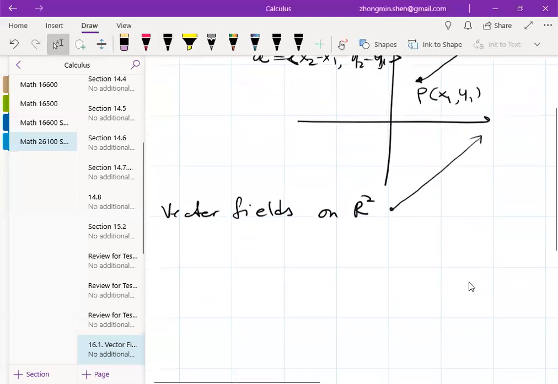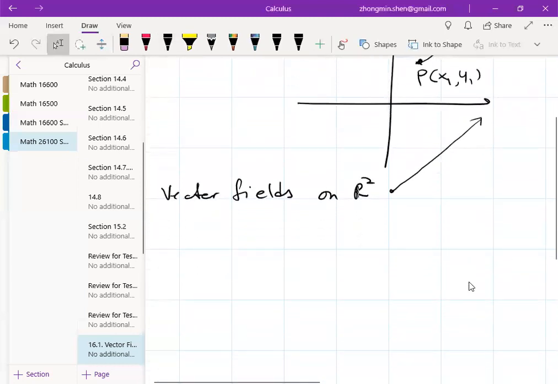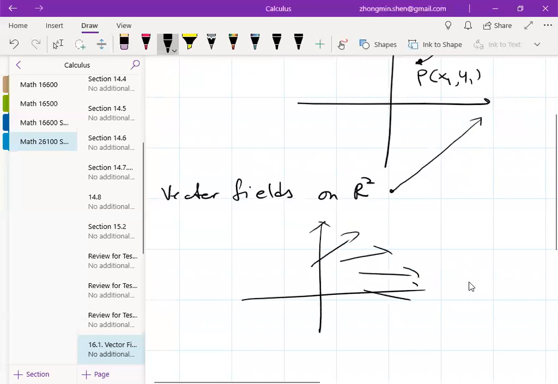A vector field on R2 is just a family of vectors, one at each given point over the space. So first of all, let's draw it. Those are called vectors. If at every point you have a vector, then this is called a vector field.